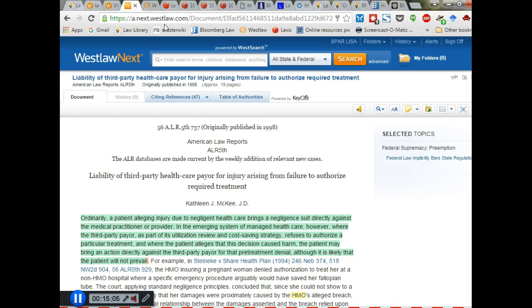Okay, fair enough. And in the index, so you looked under health maintenance organization. Do you remember what the next sub-heading was? Malpractice. And what made you think of malpractice? Just the fact that it seems like the HMO had a duty for the patient.